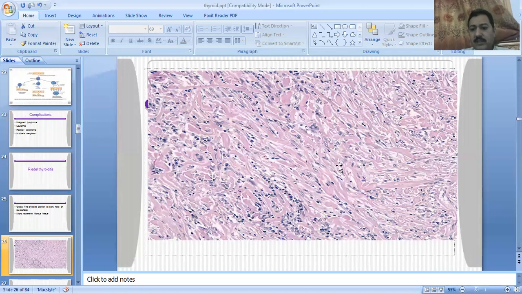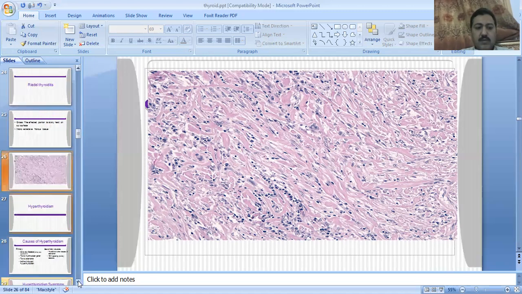So the main thing is the fibrous tissue accumulation in the thyroid gland in cases of Riedel thyroiditis. It will be too hard and too firm, and firmly attached to the thyroid gland. So this was all about Riedel thyroiditis. Thank you.